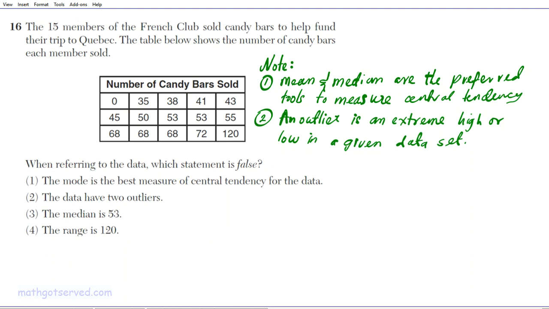Question 1. The mode is the best measure of central tendency for the data. Is this true or false? This is false. Why? Median and mean are what statisticians use to measure central tendency and not mode. Okay, so let's take that out.